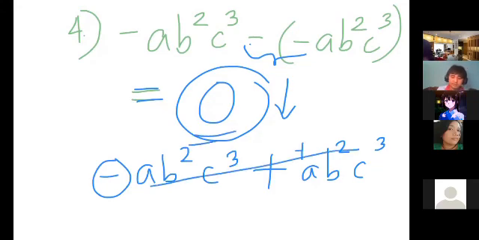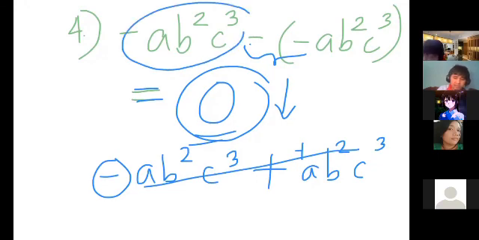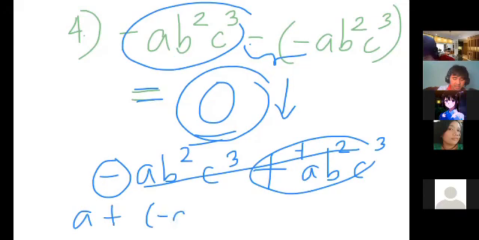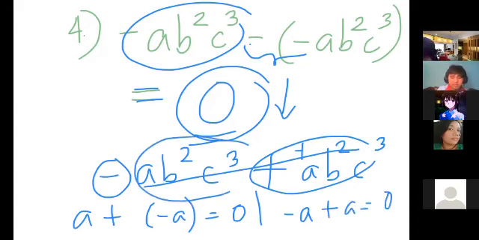So that's 0, because according to the rule, if it's a plus negative a, it's 0 because they are additive inverses. Or negative a plus a, 0. In this case, our variable is ab squared c cubed, which are just the same. So you can combine them, and that's equal to 0 because one is positive and the other one is negative. All right? So that one is a little bit easier because we're just dealing with monomials.